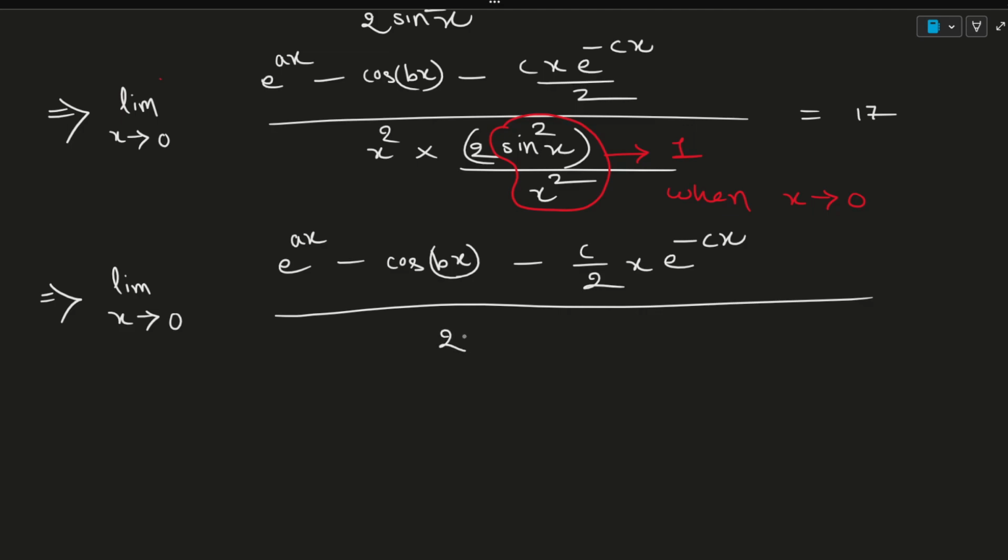So it will be 2x square equal to 70, which implies limit x tends to 0. Let me take this 1 by 2 outside the limit, so it will be 1 by 2.